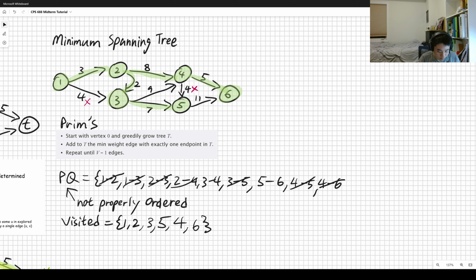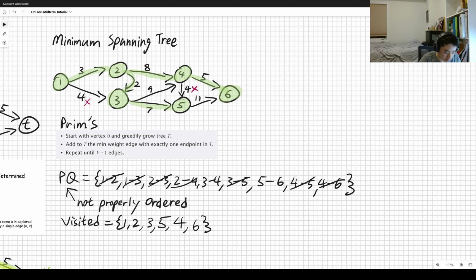Okay. And with that, number 6 is not going to add any more edges, and that's actually going to be the end of the priority queue. So there are 2 more we're going to need to pick out. We have 3 to 4 and 5 to 6.